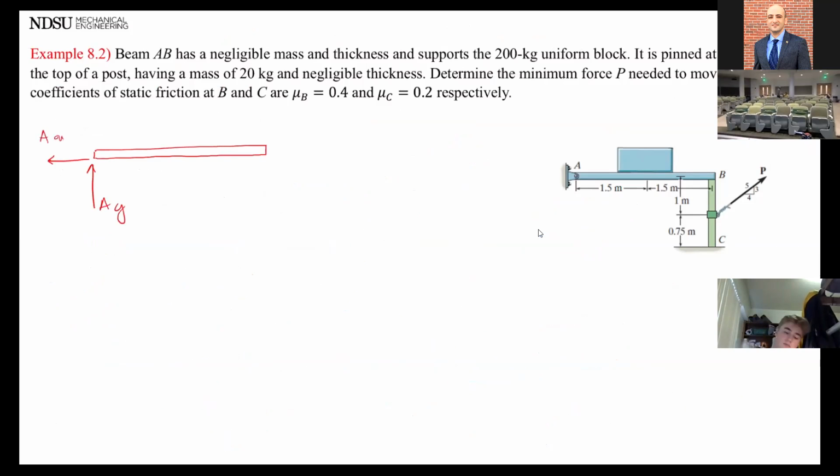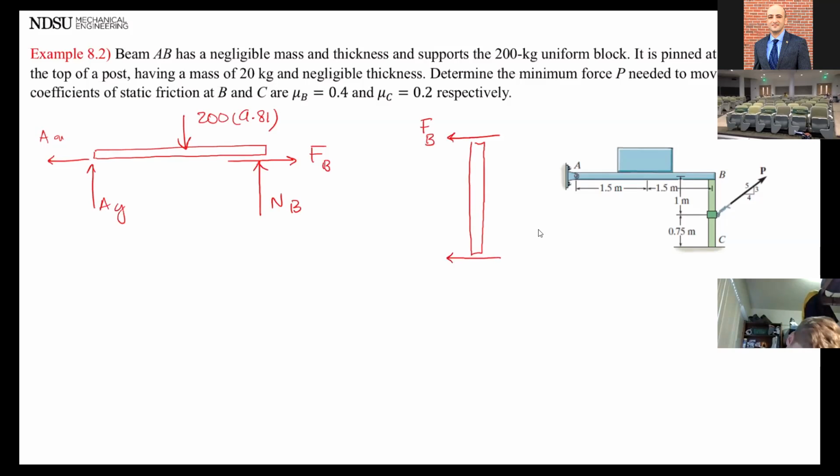AY, AX, 2 times 9.81, FB, normal force B, and then there was another one here, FB, FC, NC, NB, force P, that is a 3-4-5, and a force of weight coming down, which is 2 times 9.81.